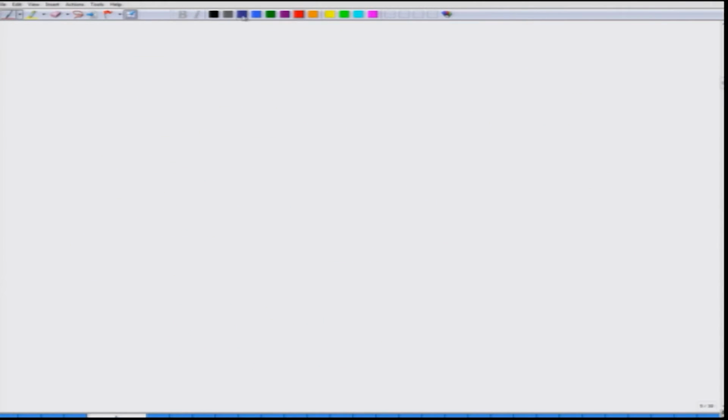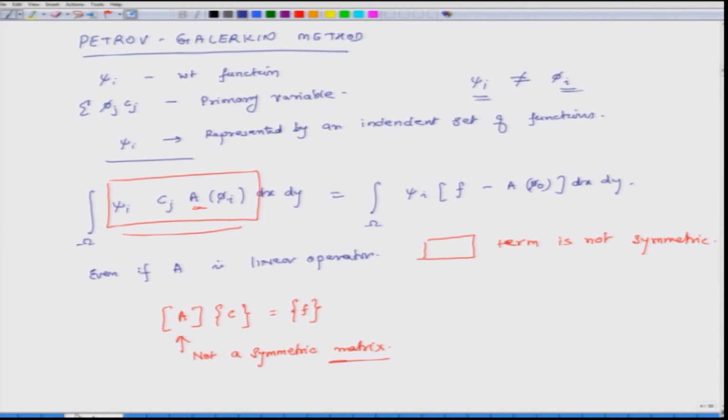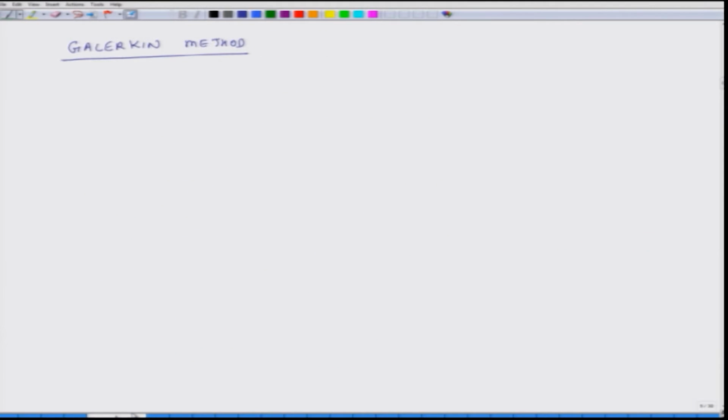The next method is the Galerkin method. Okay. So, in the Petrov-Galerkin method, we had this restriction that the weight function should not be equal to the approximation for the primary variable.